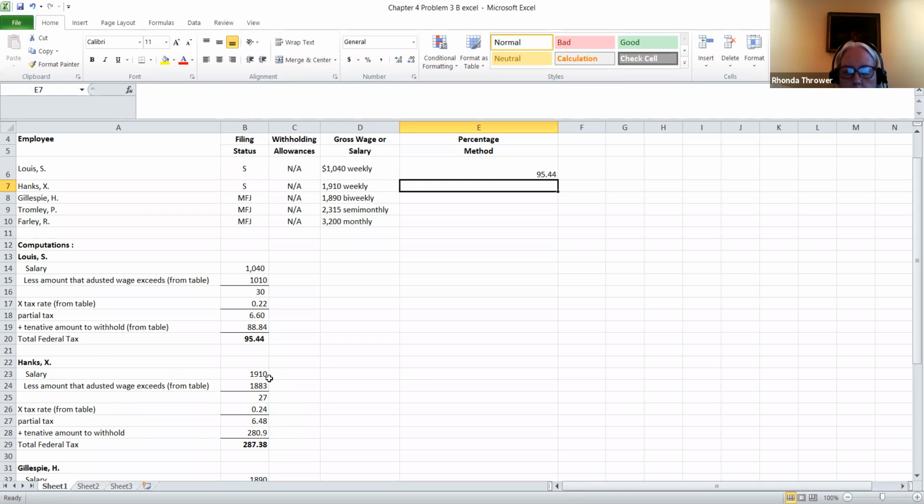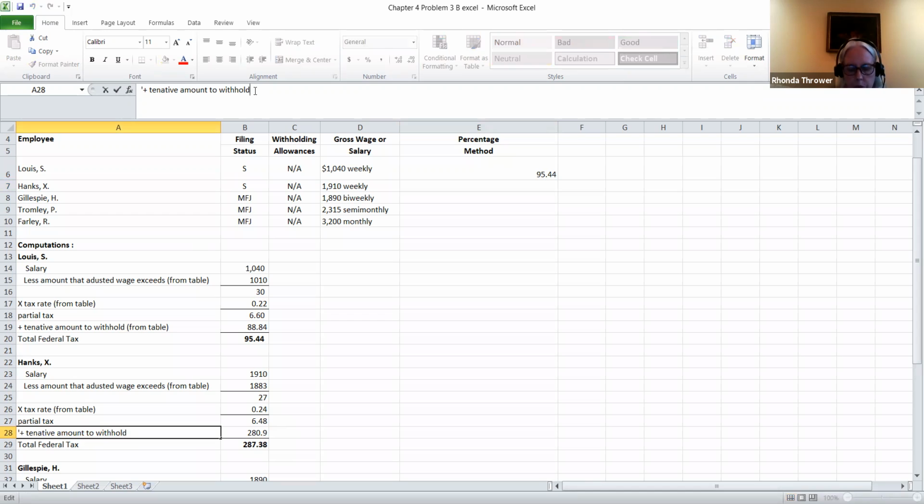The salary amount was given. We subtract the amount that the adjusted wage exceeds, which came from the table. The difference is $27. Multiply it by the 24% tax rate on the table, and that gives you a partial tax. Then we add back the tentative amount to withhold, which was what they gave you on the table. Again, this came from the table.